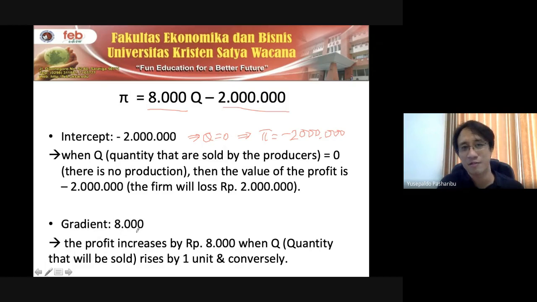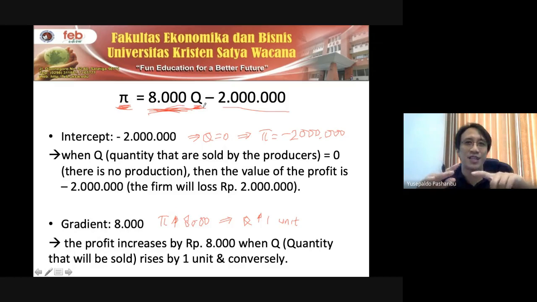The gradient equals 8,000. This is the next interpretation. If we are talking about the gradient, we concern ourselves with the two variables. The profit P will increase by this number when Q rises by 1 unit.